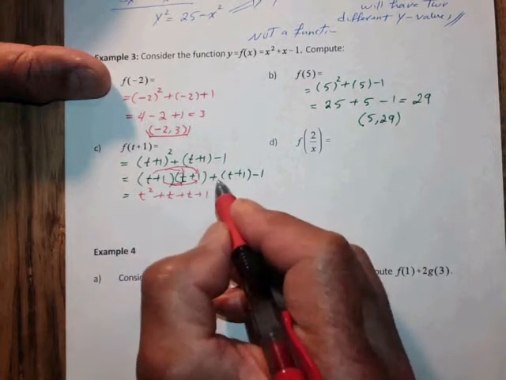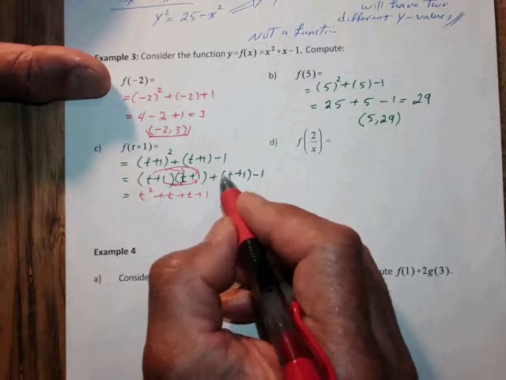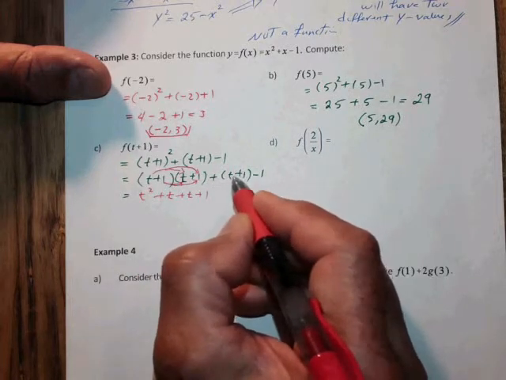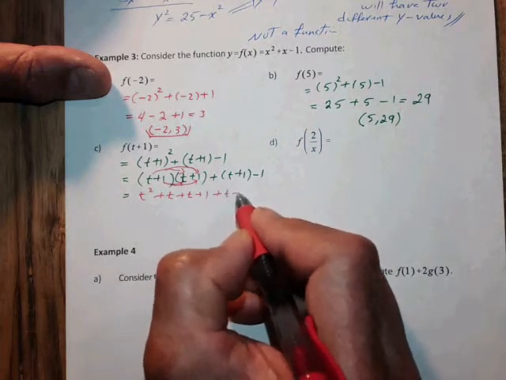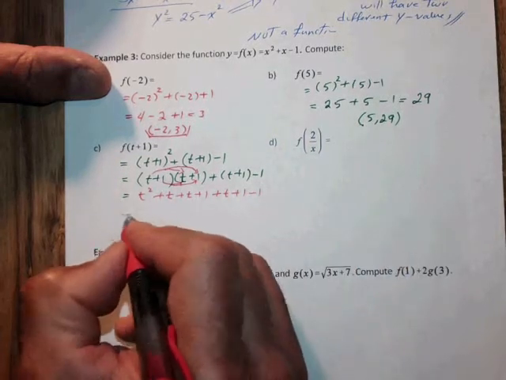And then I have a plus outside of this parentheses. That means we can safely remove the parentheses and don't change anything about the sign of t or 1. So I just say t plus 1, and then finally this negative 1 at the end.